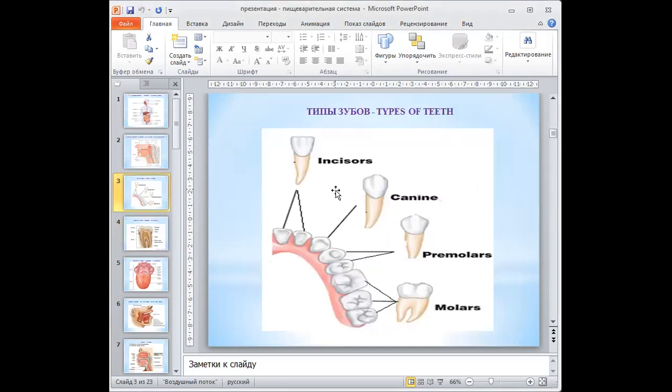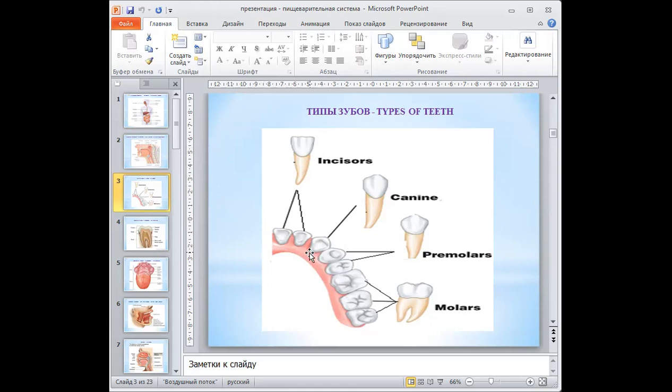The first one is incisors. Incisors have a crown in the form of a cutting chisel and a single root. There are 4 incisors on each jaw. The main function of incisors is cutting food.